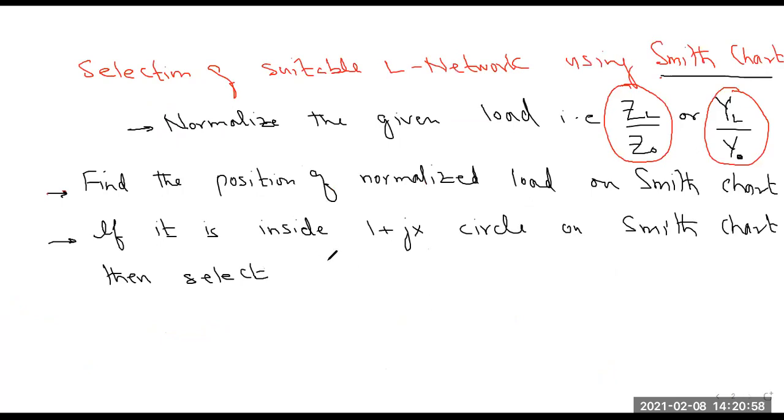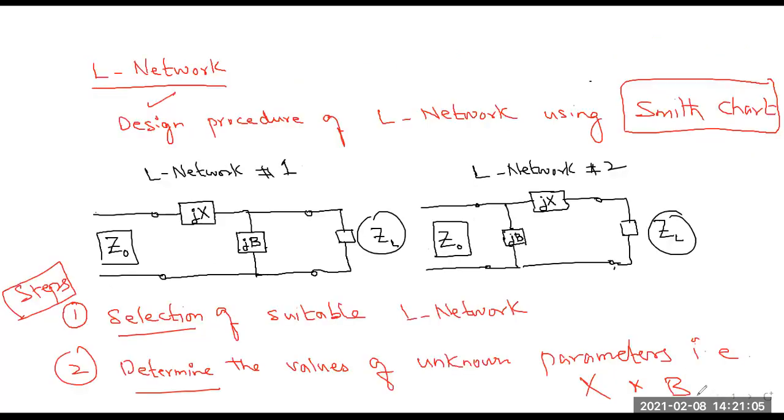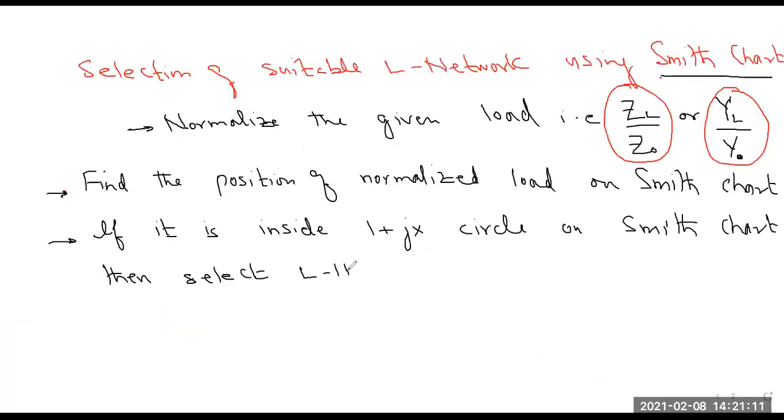So if you have this situation that the position of the normalized load is inside 1 plus jx circle, then you should select L network number 1.